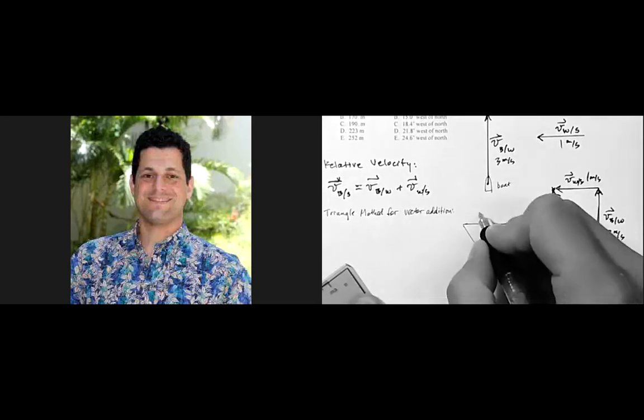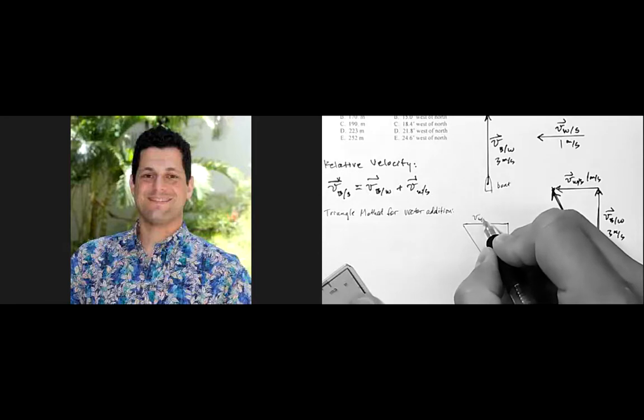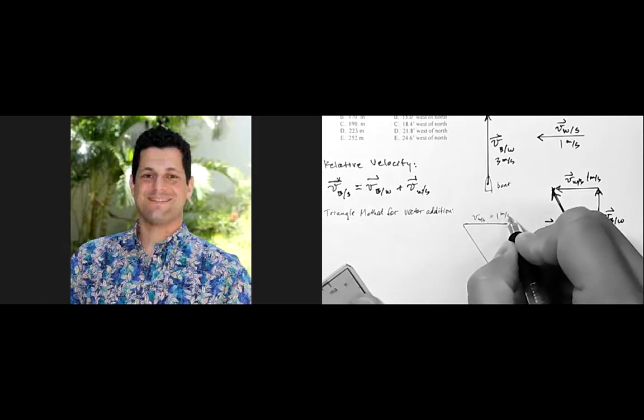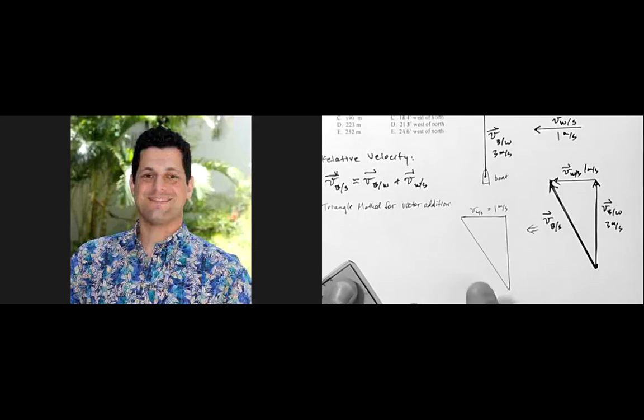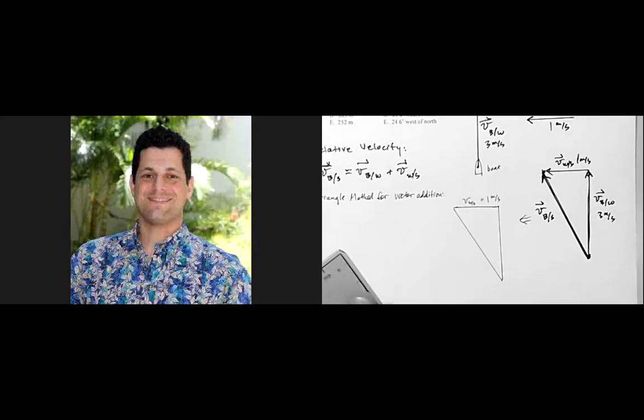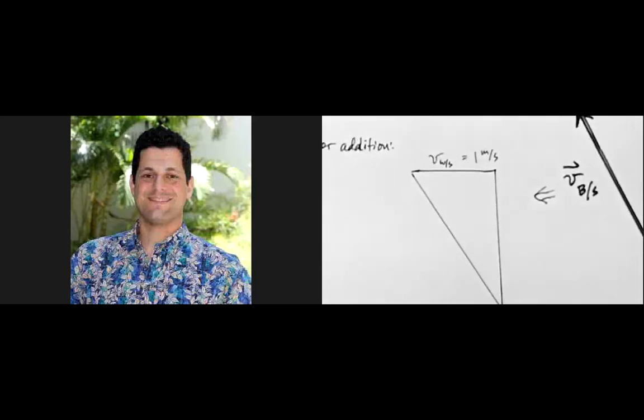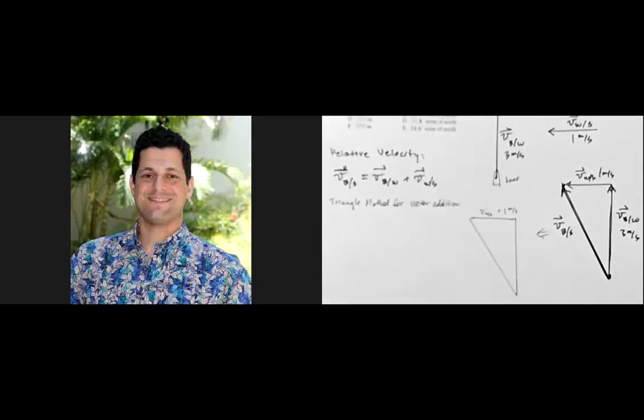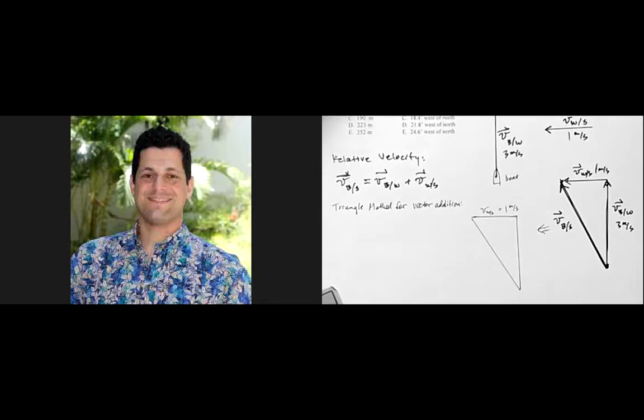Okay, so I know that this side up here has a length of 1 meter per second. Notice I'm saying length, geometric length for the vector, but it's not actually physically a length, right?